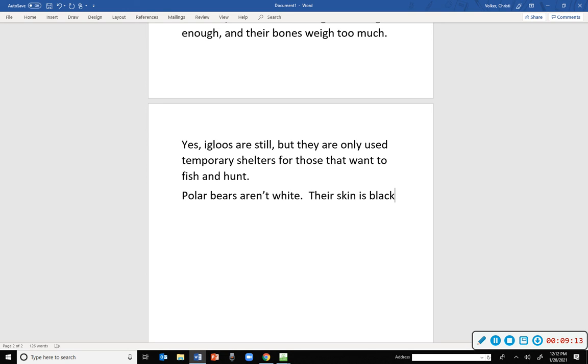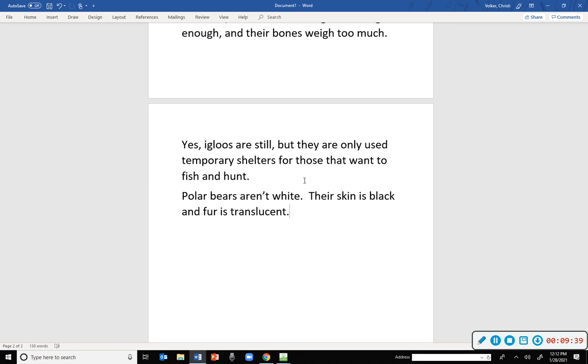But their fur is actually what? They're clear. Translucent. Good. That's one of our vocabulary words too. What does translucent mean? Kelsey? Translucent means it doesn't have a color. Very good.